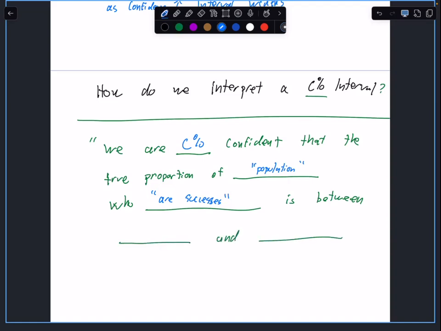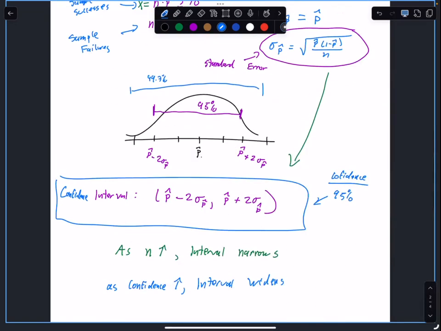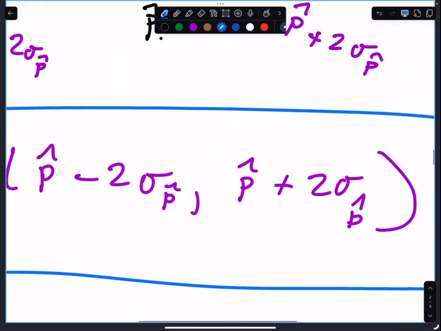This first blank is the lower boundary, and the second blank is the upper boundary. I'll change this to A and B later on, but basically it's the lower and upper boundary. Whatever answers you get, you just say between there and there.